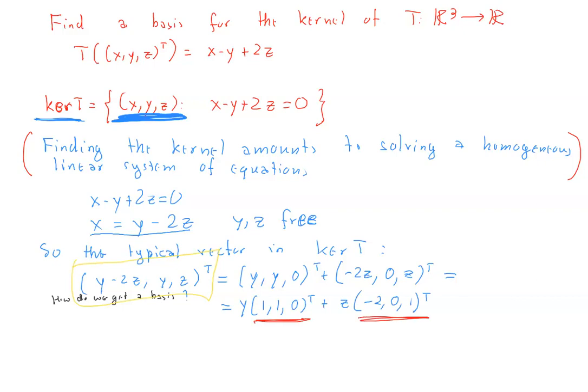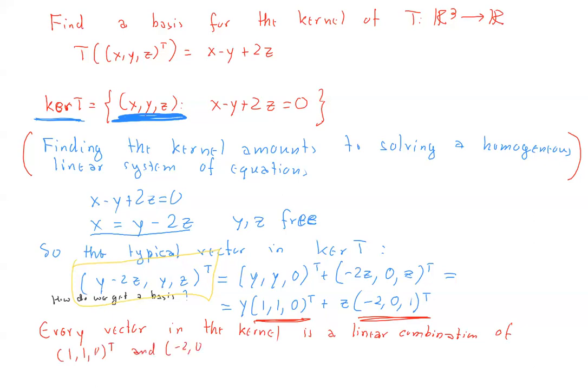Okay, so in other words, every vector in the kernel is a linear combination of 1, 1, 0, and negative 2, 0, 1.